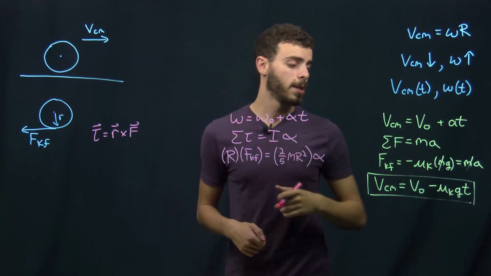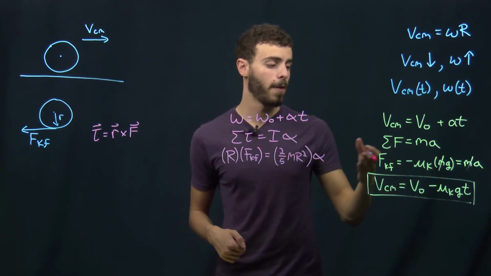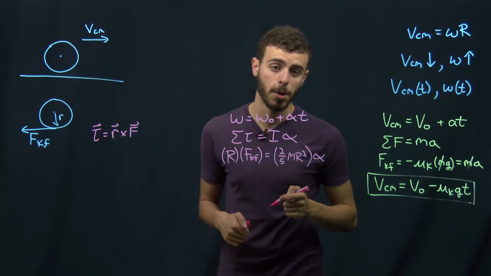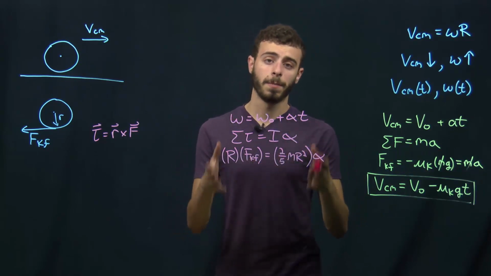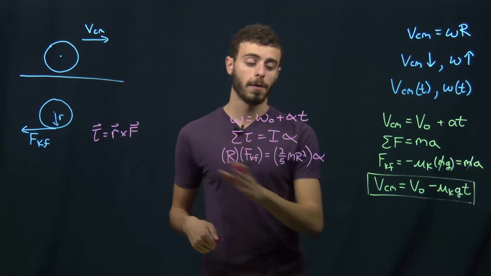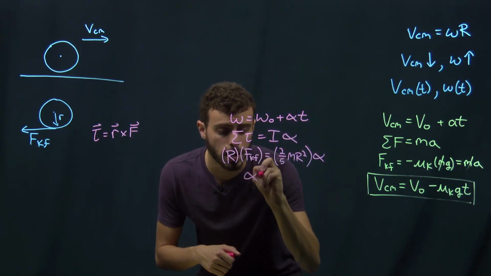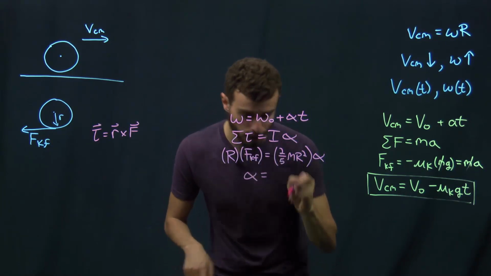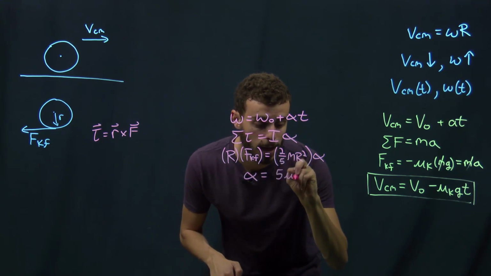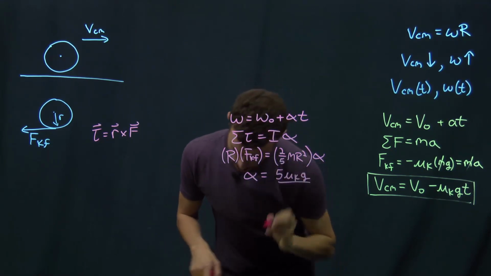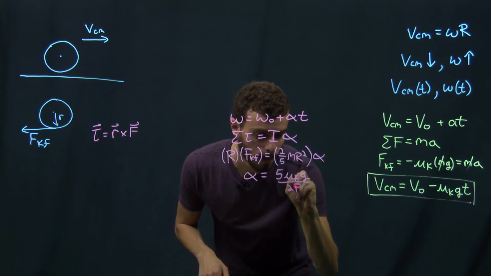So everything else is the same here. We have our m, we have our force of friction is the same. It's going to be mu k times mg. So we can plug all of this in, and we can just solve this directly for alpha. So go ahead and follow along in your solutions at home, but you should get an alpha, which will be 5 times mu k g all over 2r.